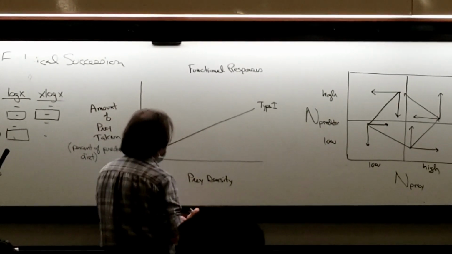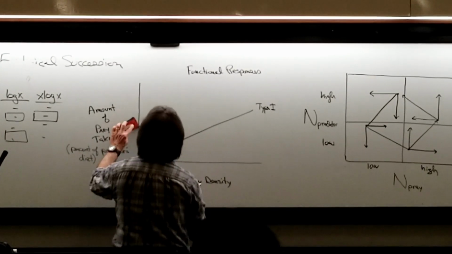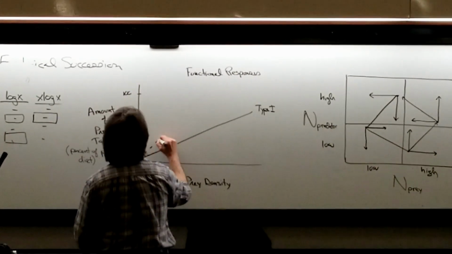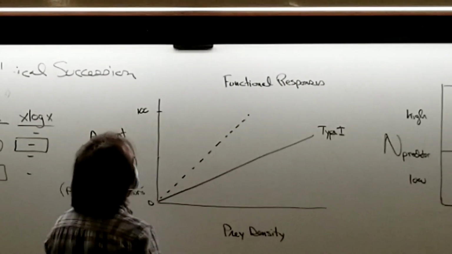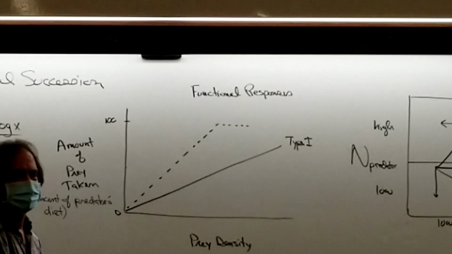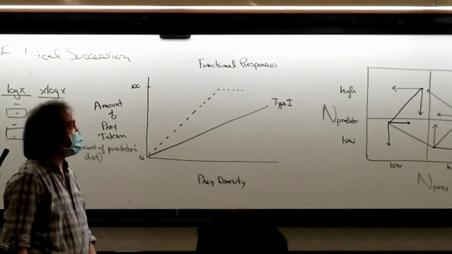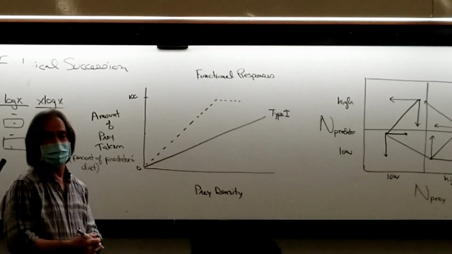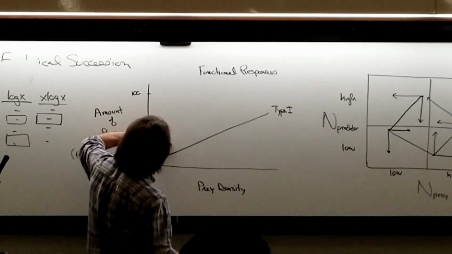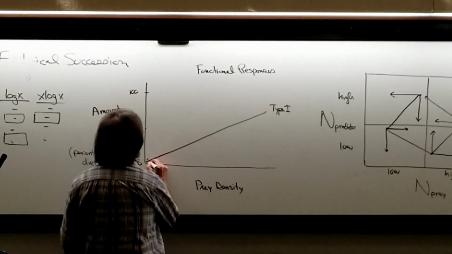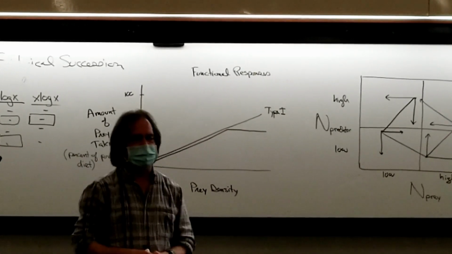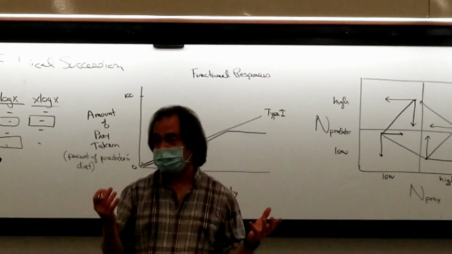What if we changed our scale, from 0 to 100, and it got up to here? It would have to be more than 100%. That means they're eating that prey exclusively. So let's draw what I just did down here, where for whatever reason you've saturated the system, either because they can't eat any more, or that's all they're eating, if we measure it as a percentage.